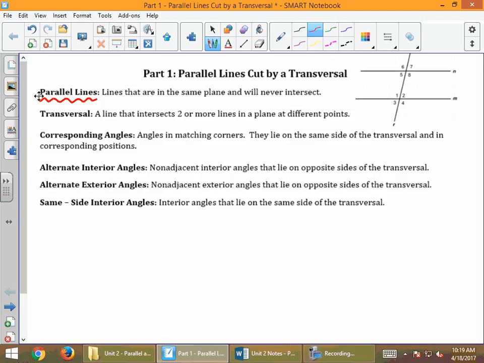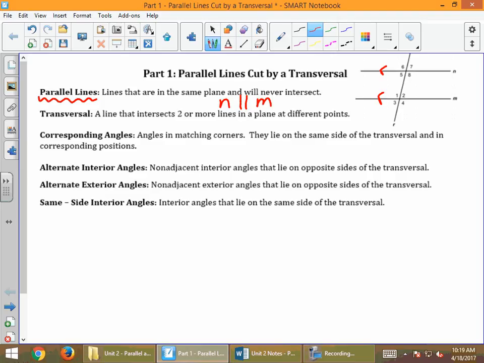So if we look at this diagram off to the right, we can say that N is parallel to M. And we notate parallel lines by writing little arrows on them. Symbolically, we show that lines are parallel by saying N is parallel to M. So make sure you write this down on your paper.